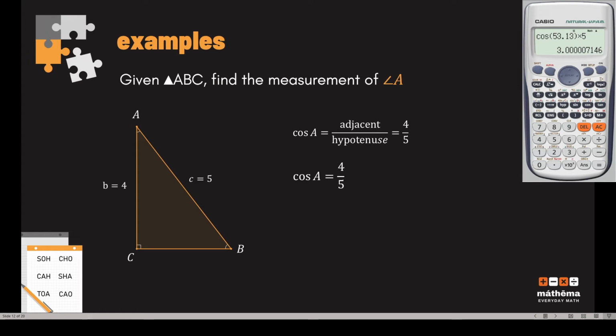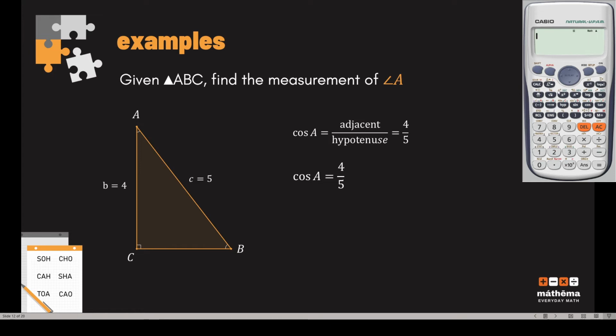Now, this is where our calculators will come in handy. In our calculator, there is a function that will help us solve for the missing angle of a triangle. It's called the inverse of the trig ratios.